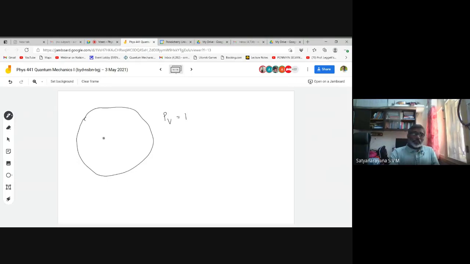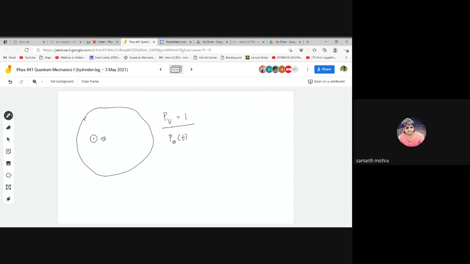Now we are asking, suppose you take a point here and consider a small volume V, and now you ask how the probability of V changes as a function of time. If it is decreasing here, it has to increase somewhere because the total probability has to be equal to 1. Okay, that gives a better picture.